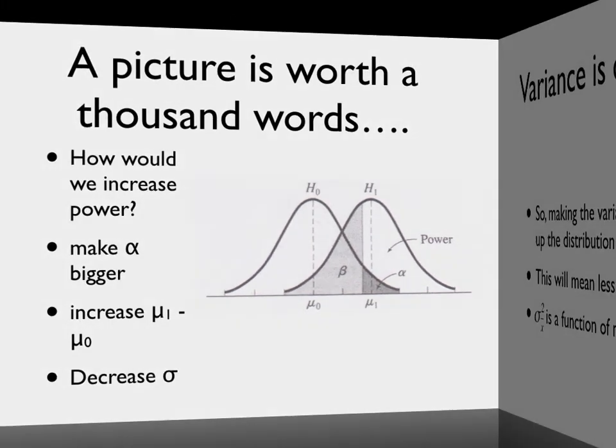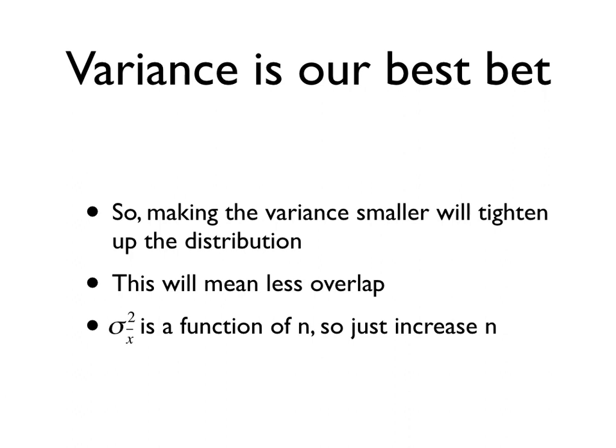Our best bet, in fact, is variance. Or standard deviation, I think in variance typically. If we make the variance smaller, we tighten up the distributions. But we can't make variance smaller. But remember, we aren't actually dealing with population distributions when we make statistical decisions.